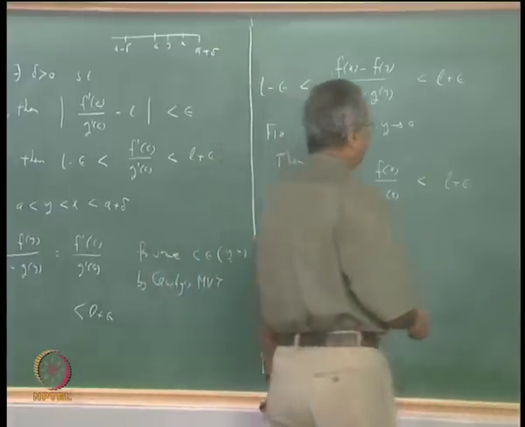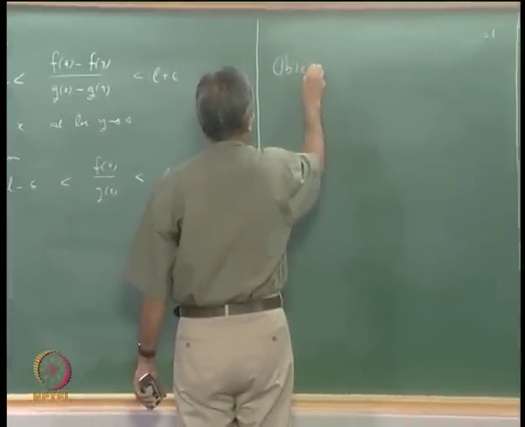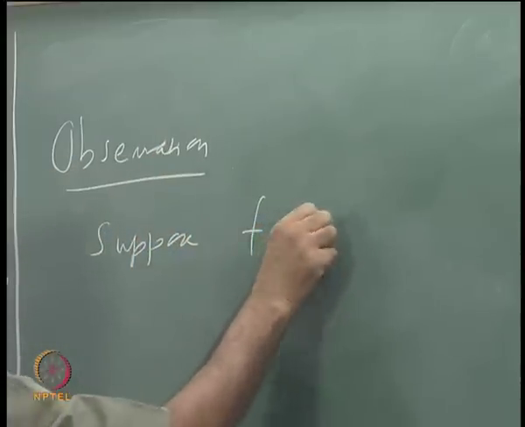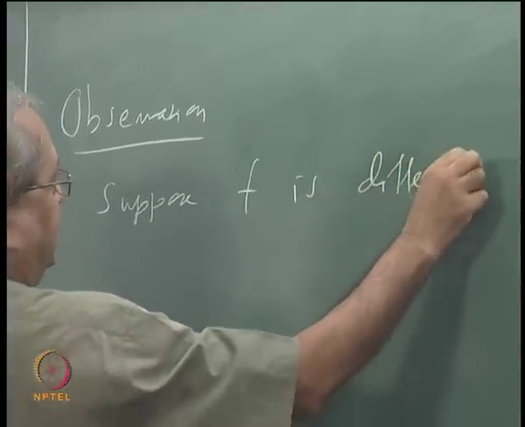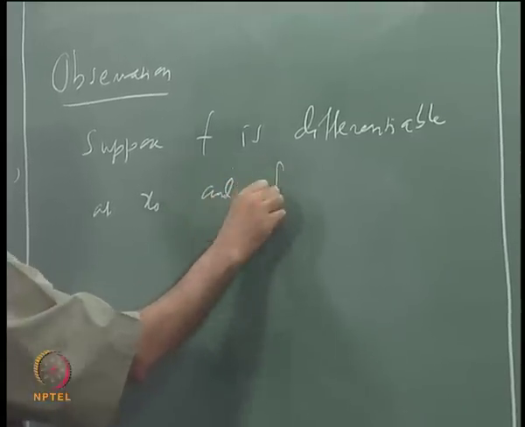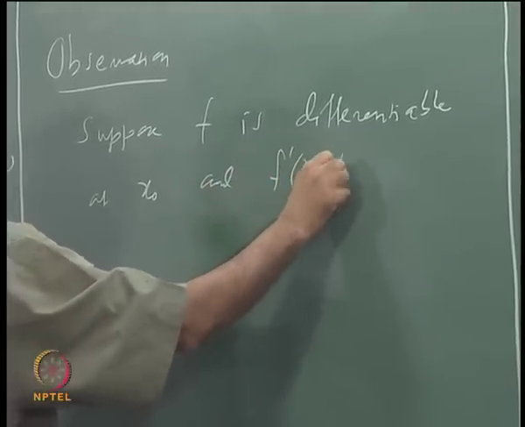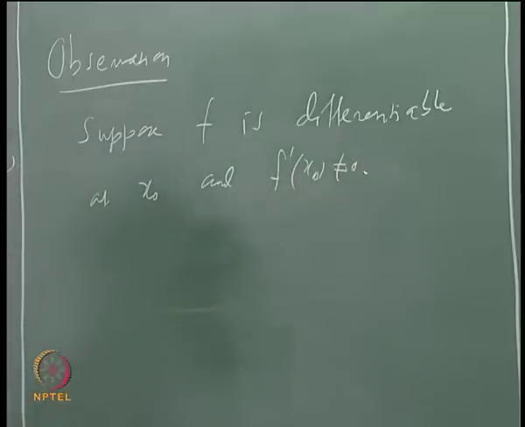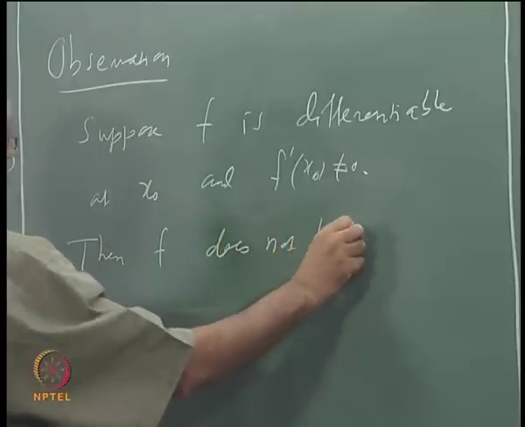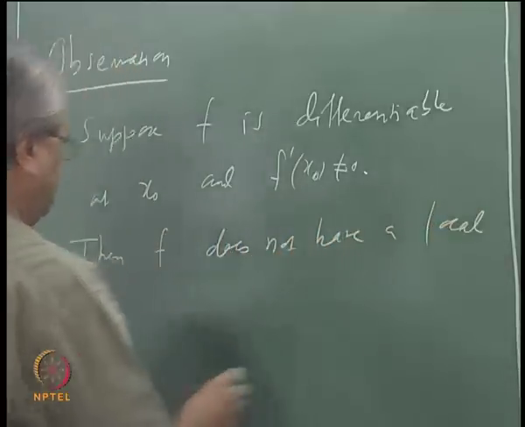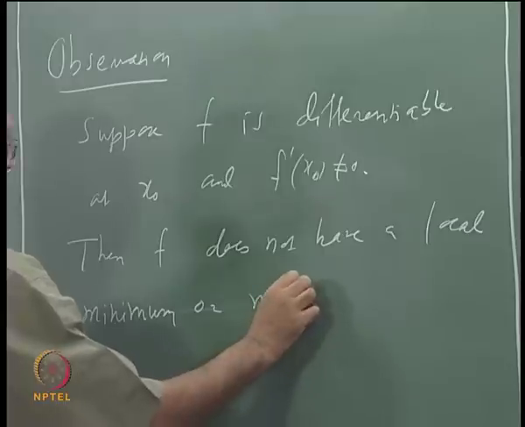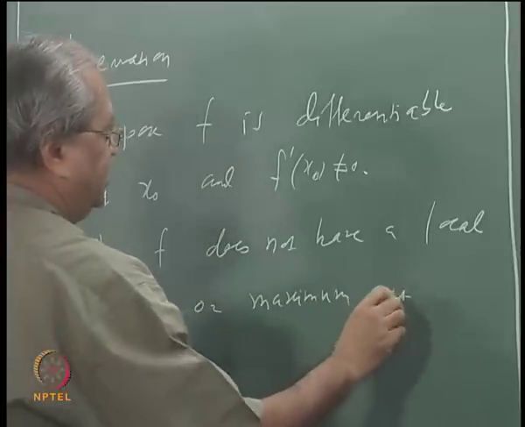Let me just write. This is the observation. Suppose f is differentiable at x naught and f prime at x naught is not 0, then f does not have a local minimum or maximum at x naught.